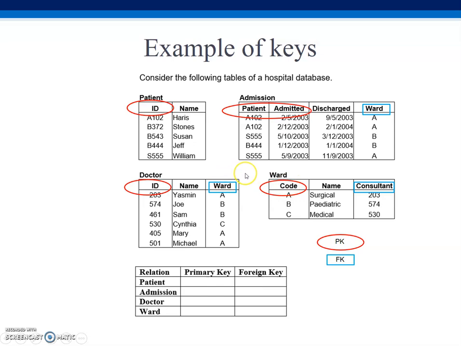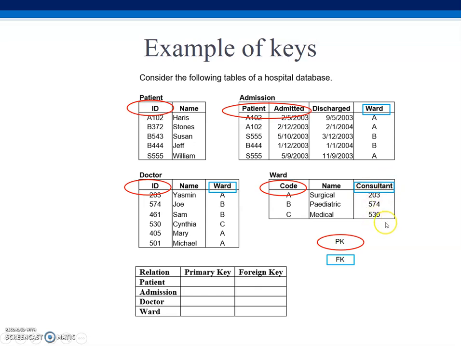Foreign key, like what I said earlier, is for linking purposes. Same thing applies here. This ward is a foreign key, and it is used to link to the primary key of this table, ward table. What about consultant?